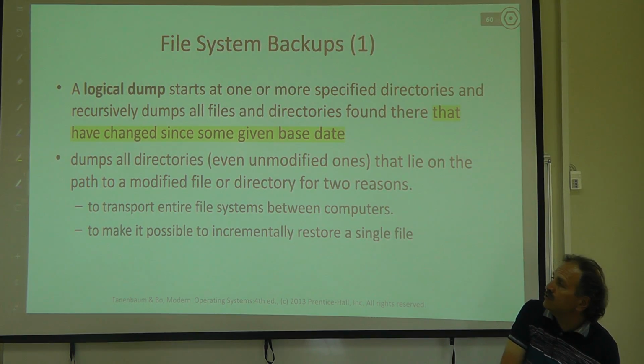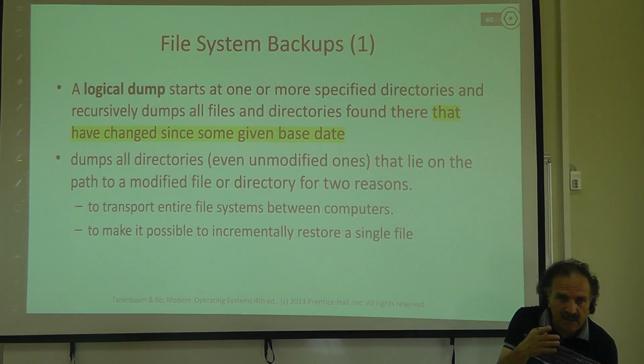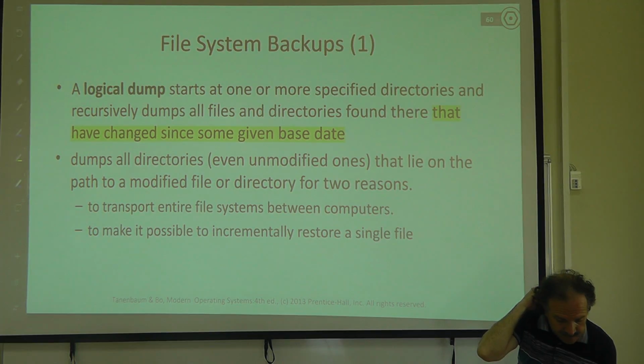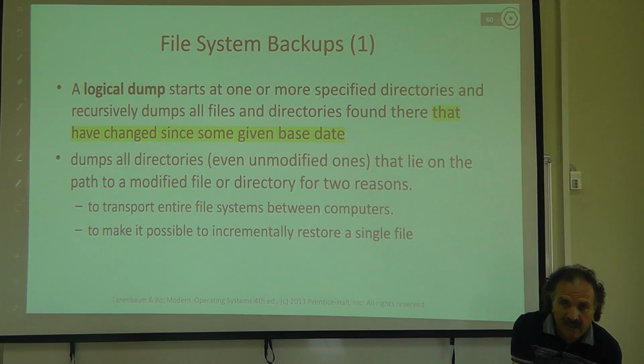So you give the directory names and you give the last backup time, and it backs up all the data under those directories. There is a very compact and popular backing up algorithm that comes from Unix days, and we are going to look at that algorithm.